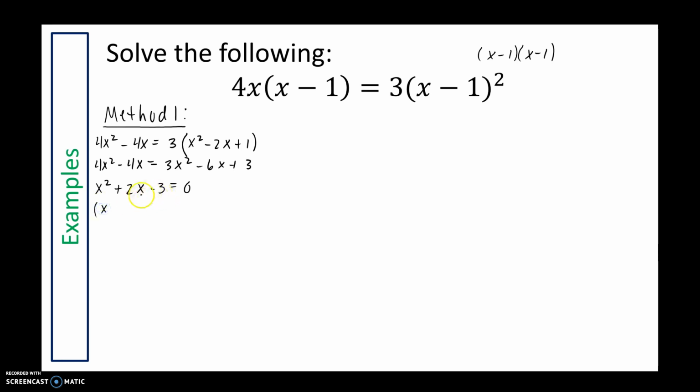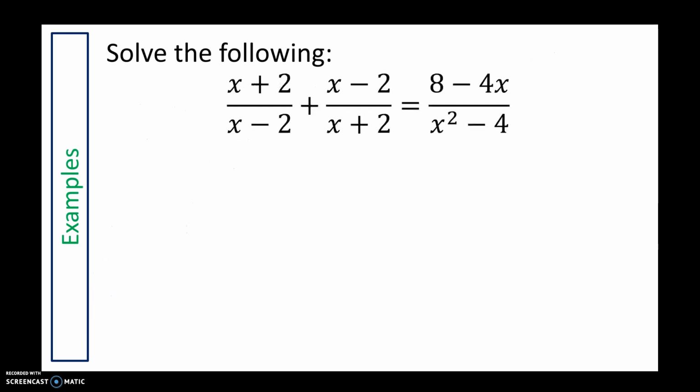So factors of -3 that add to +2, x plus 3 times x minus 1. Solving each of those equations, I get x equals -3 and x equals +1. Okay, perfect. You can go back, check both of those solutions into the original, and you will see that they are both true.